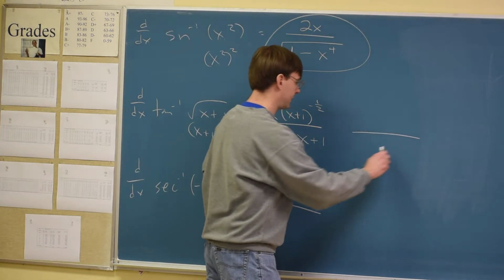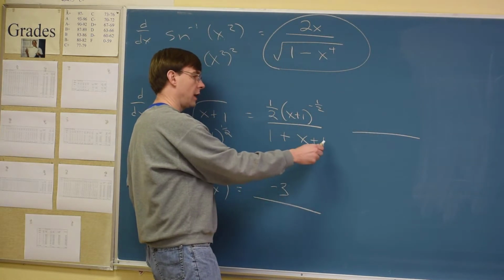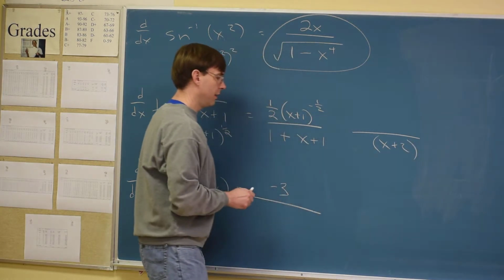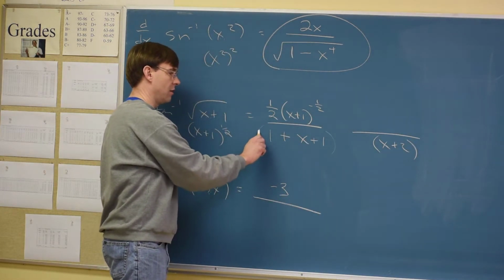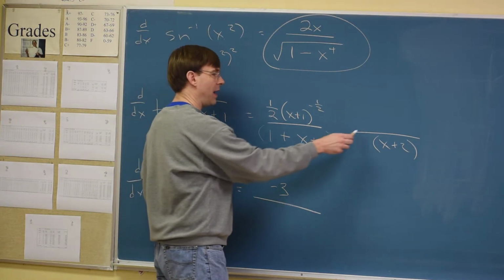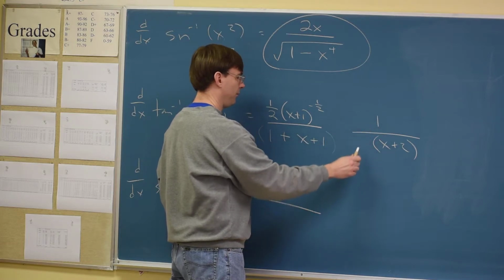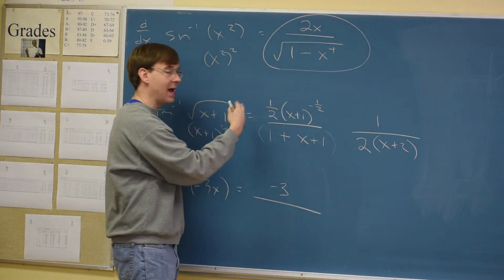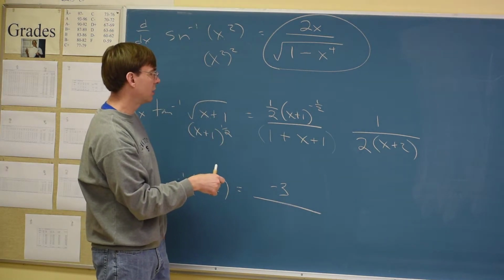For this, I clean up the bottom. The ones are like terms, so I have an x plus 2. There are invisible parentheses here that I just made visible. Instead of having a half on top, I would leave the 1 on top and put a 2 on the bottom. That's a better way to write the half instead of having fractions inside of other fractions.